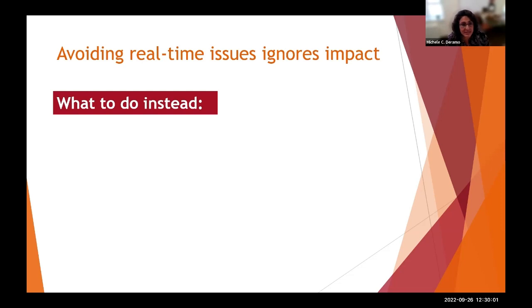Another one: avoiding real-time issues ignores impact. This is the compulsion to stay on the topic. I'm thinking, for example, of when 9/11 happened, and how many times students went into class, and class started and no one acknowledged this huge thing that happened in the country.